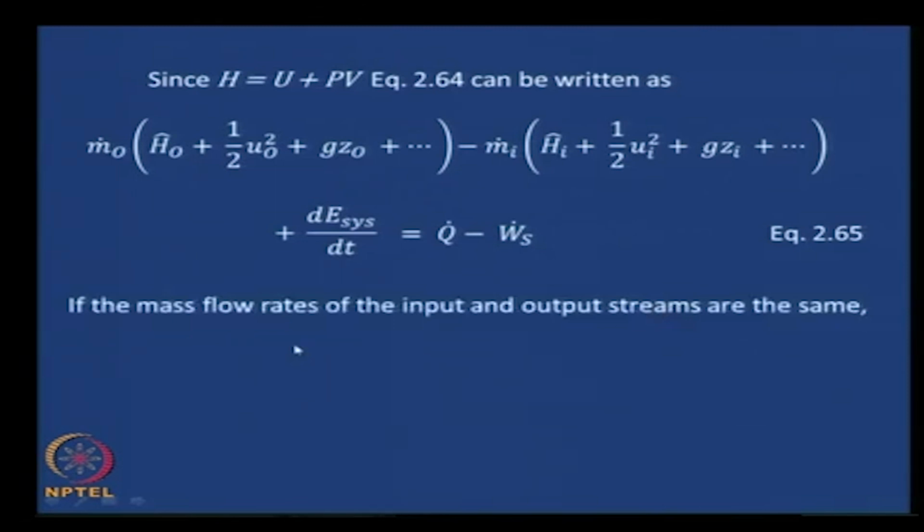Now, if the mass flow rates of the input and output streams are the same, they are typically the same, otherwise there will be accumulation. Mathematically, mo dot equals mi dot, and let us call that simply m dot after dropping the subscripts because they are the same.